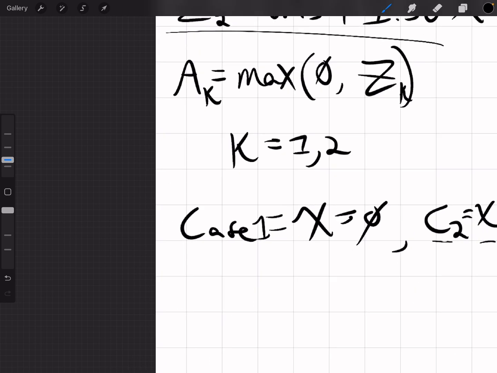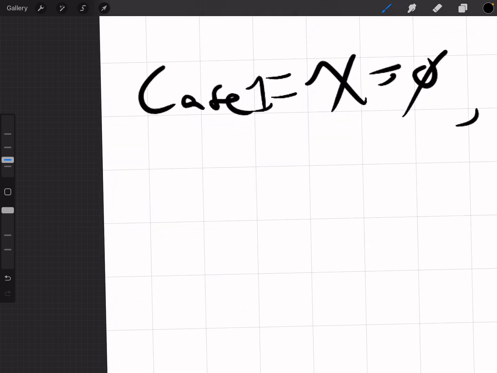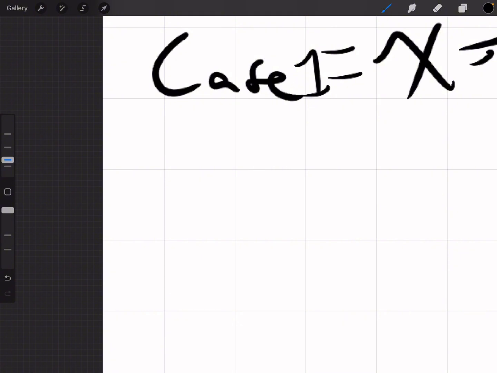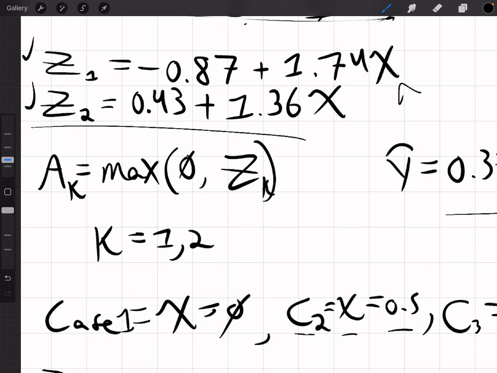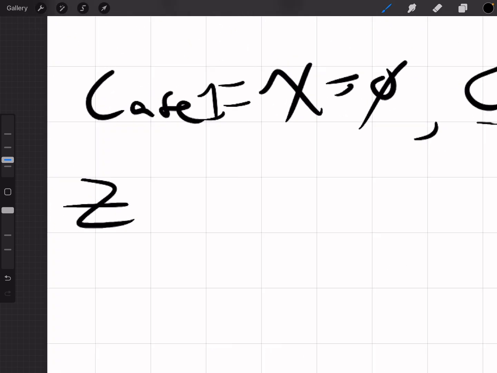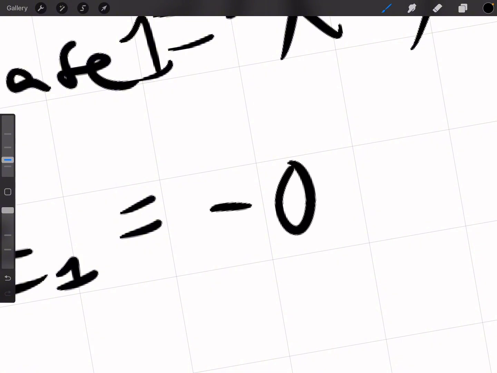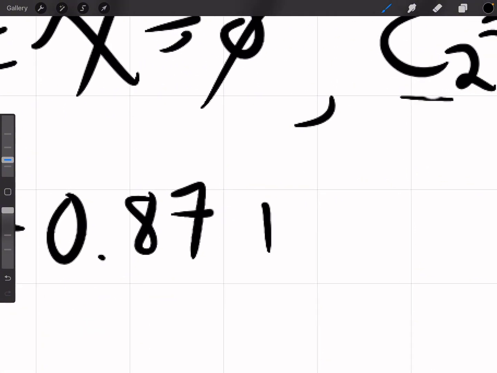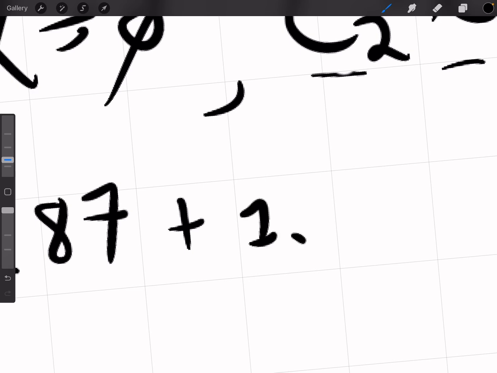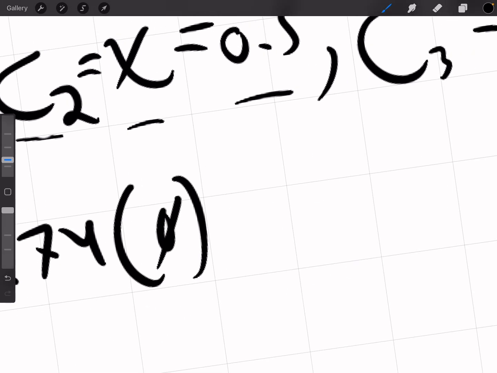So we've got our 2 Zs here, and we're using them for case 1, case 2, and case 3. But depending on what we plug in, it'll change because that's our X. So we have Z of 1 is equal to negative 0.87 plus 1.74 times 0.